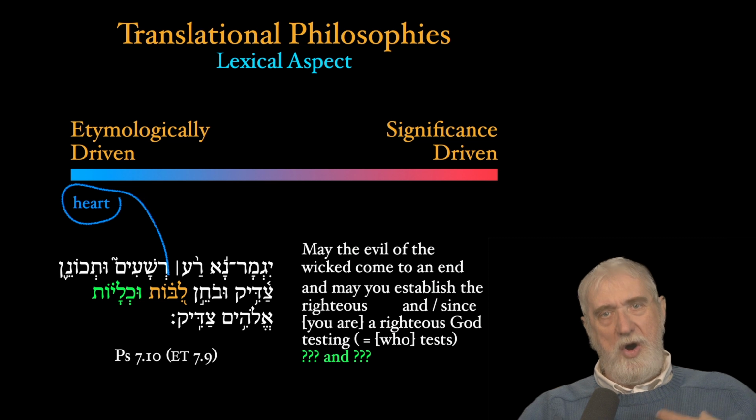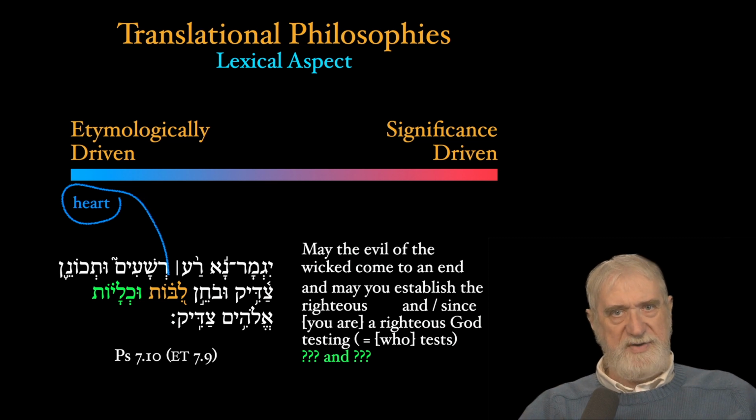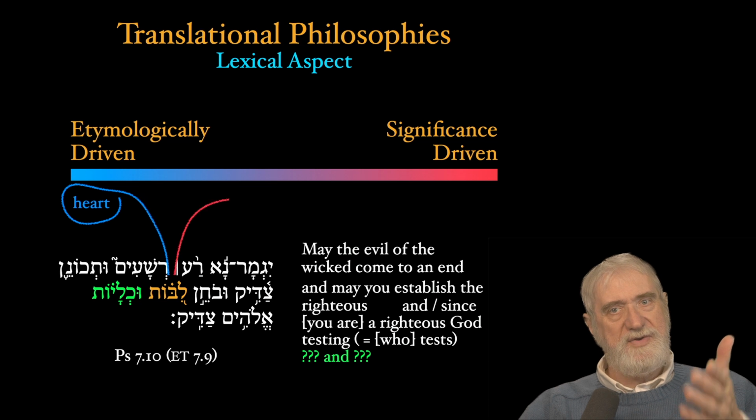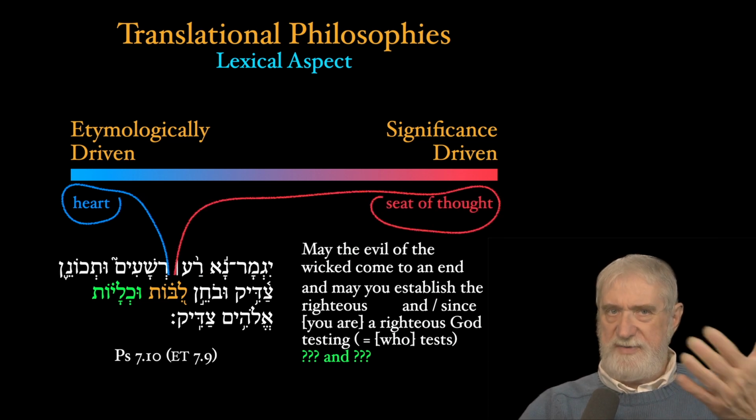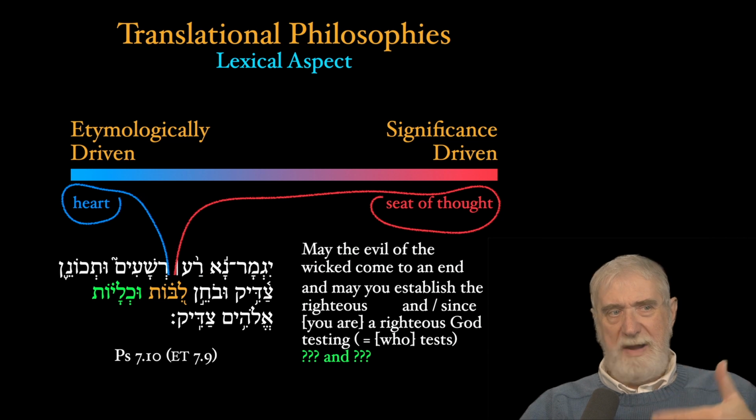They thought that the heart was where thought took place. And so a significance driven approach might not translate this heart because that would be misleading. The point is the thoughts that one has. And so a significance driven approach would maybe render this as thought or even mind instead of heart.